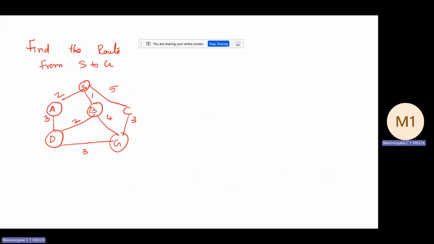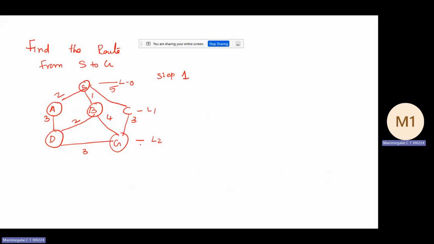So this is the example. For this, we have to find out the route from S to G. So that is the thing. What is the first step? Step 1, level 1. We know what the levels available are: level 0, level 1, and level 2.